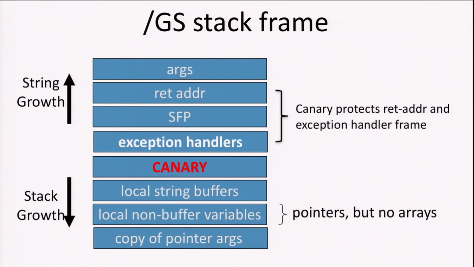So /GS takes the canary and separates the return address, the SFP, the exception handlers, and the string buffers, and the pointer arguments and so on. Since the strings grow in this direction, and the pointer arguments are put here, you cannot overflow and change the pointer arguments.